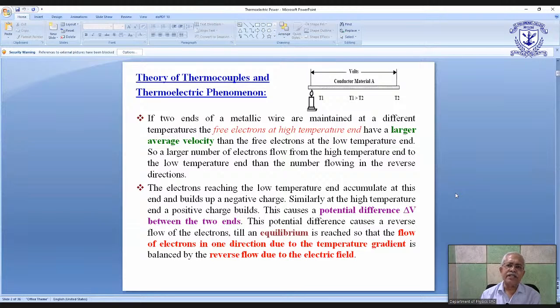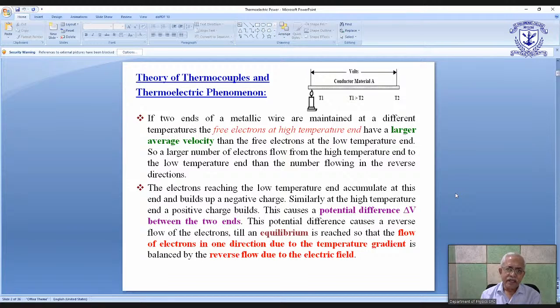So the gradients will tend to disappear. So if I remove the candle below the bar, because it's a good conductor of heat, the excess heat in the hot end will spread all over the bar, and finally the entire bar will have the same temperature. This is an indication that the gradient has disappeared.